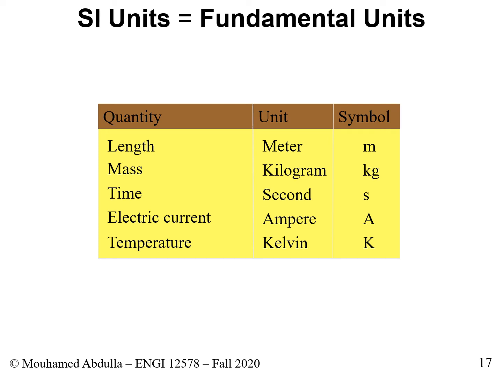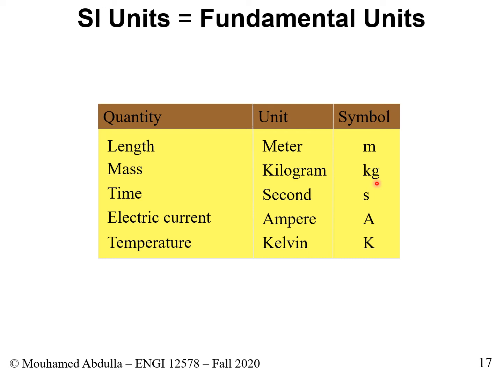Essentially it gives us different conventions that are used in identifying various quantities. So if we talk about length and we are referring to the standard in scientific communication, length will always be represented in meters. If we talk about mass, mass will be represented in kg, in kilogram, not in pound.